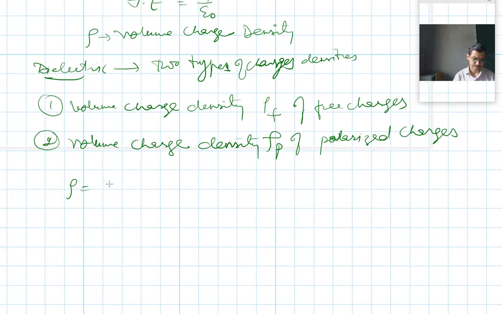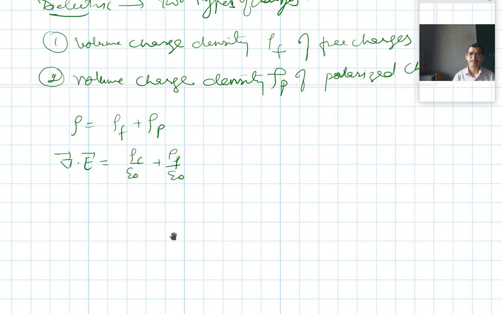Therefore, this rho can be written as rho f plus rho p. Now, del dot E can be written as rho f over epsilon naught plus rho p over epsilon naught. But this rho p can be written as minus del dot P. So if I put its value here, I can write it as rho f over epsilon naught minus del dot P over epsilon naught.